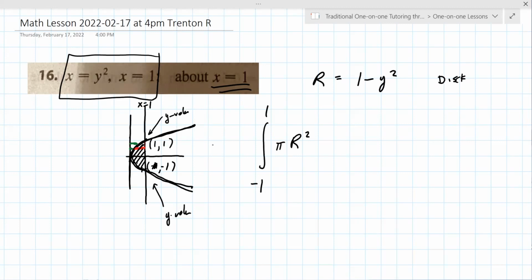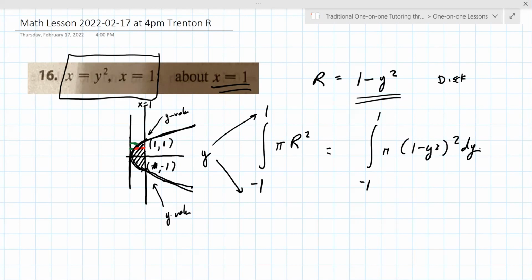So they're in terms of y this time, because you're integrating with respect to y also. So this equals the integral from -1 to 1 pi 1 minus y squared dy. Okay. And you could do all that if you wanted.